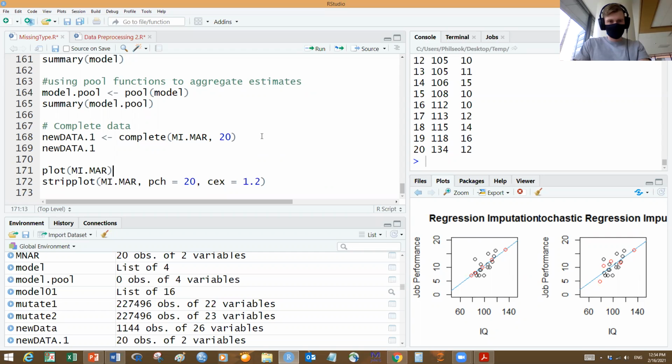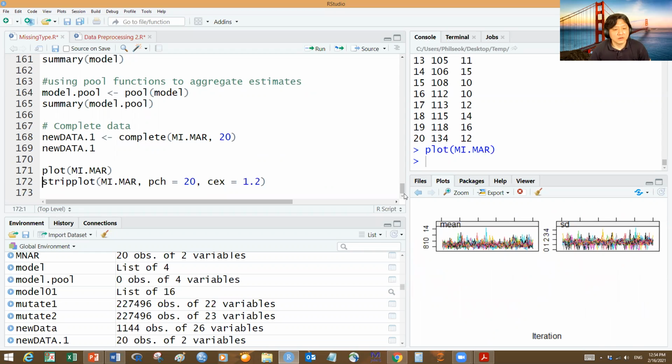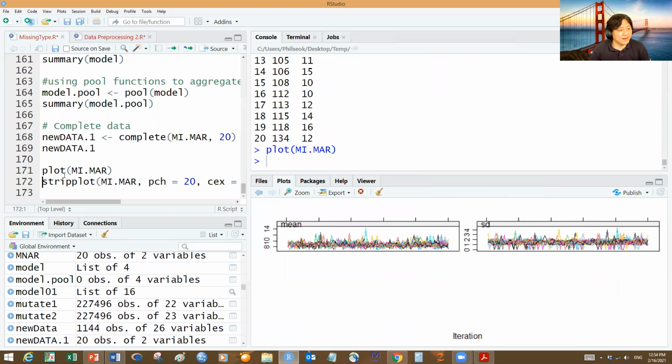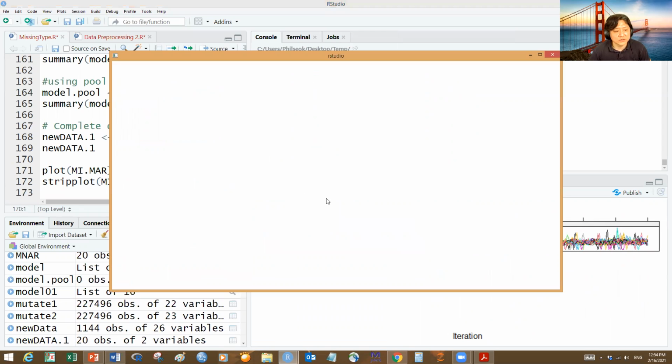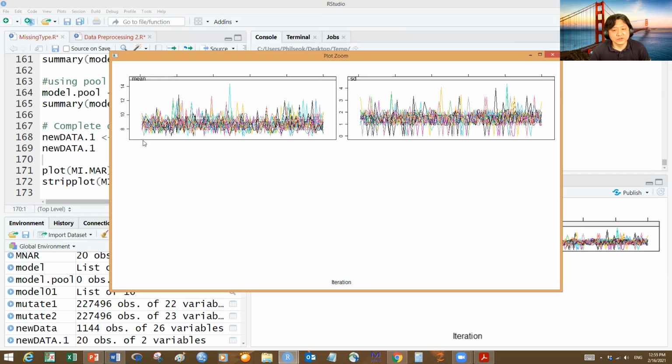Using the plot function, you can evaluate convergence. It will show you all the different trajectories across the iterations. I ran 100 iterations, so it shows the first iteration here, the second here, the third here, across the 20 data sets.